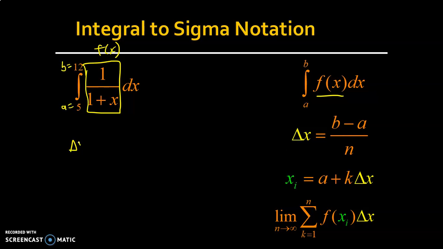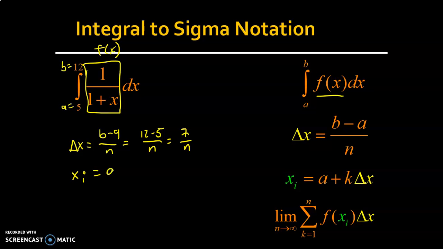So delta x is going to be b minus a over n. n is just going to stay as n, but we're going to do 12 minus 5 divided by n, which would be 7 divided by n. So that's my delta x. And then I'm going to find an expression for x sub i.